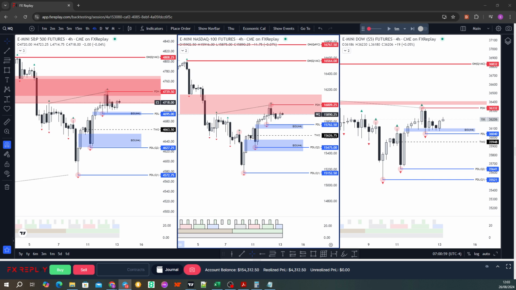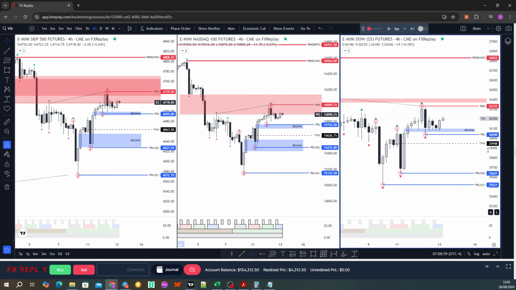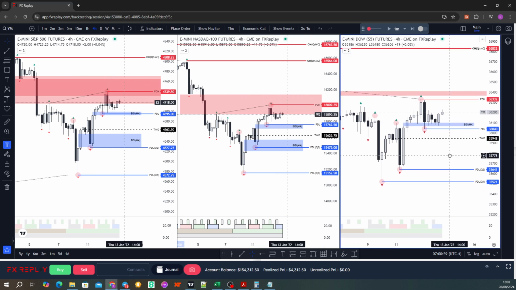That's what I'm leaning towards. To see high probability longs, I'd need to see price trade below the true week open, probably into this CB, and also would need to obviously take out the previous day's low and so on and so forth. So yeah, a bit to do there.